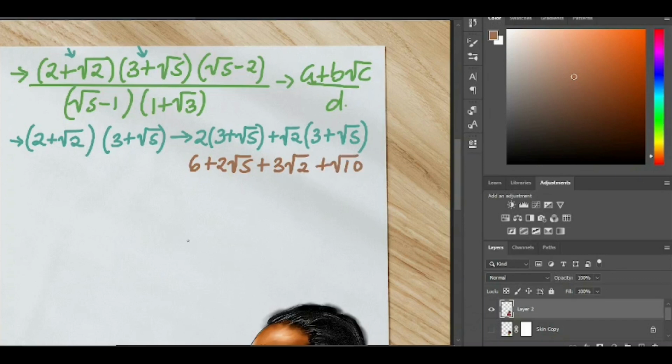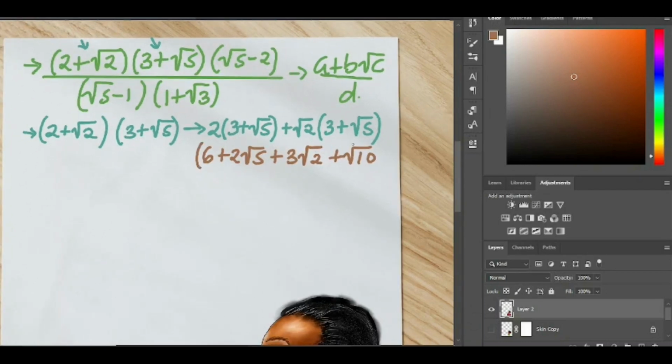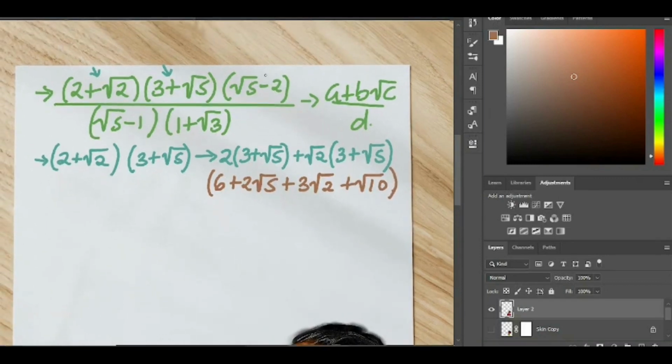So in this particular case, there are no like terms for the numerator. But now we take the answer from multiplying the first two and multiply with the third, which is root 5 minus 2.